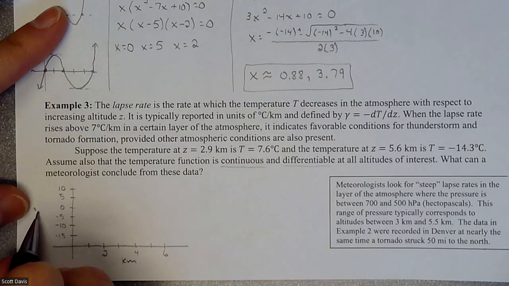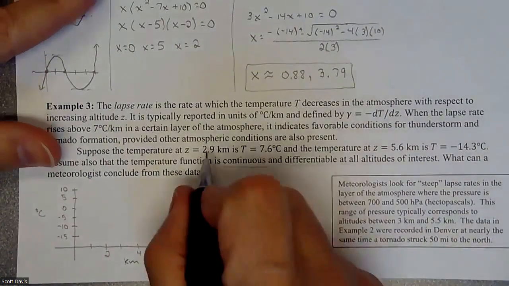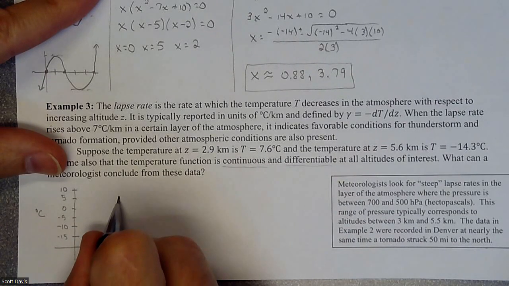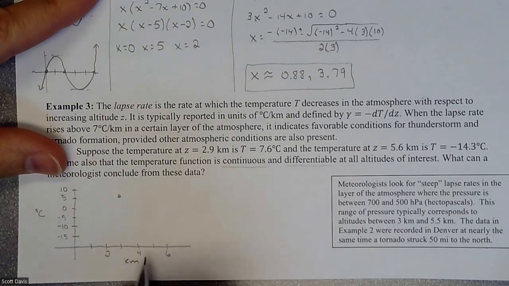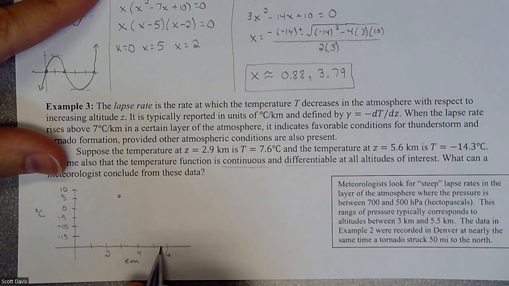And that's our degrees Celsius. So let's plot some points. So we have almost a 3 and a 7.6. So somewhere up here. And then we have 5.6 and then a negative almost 15.